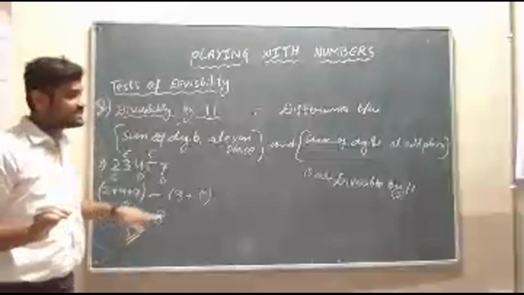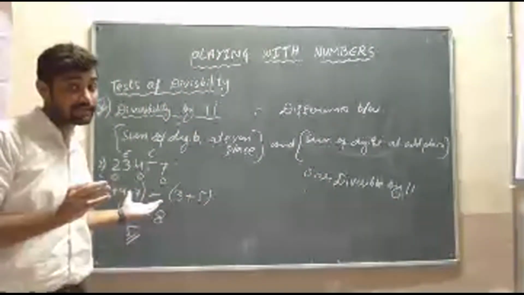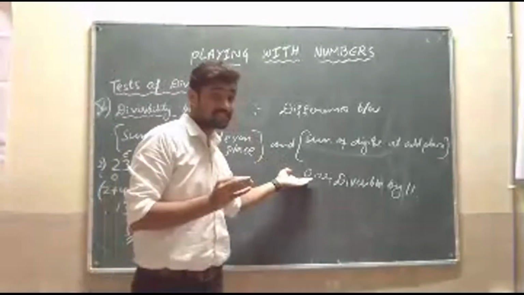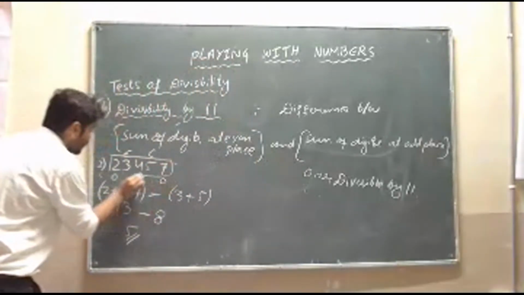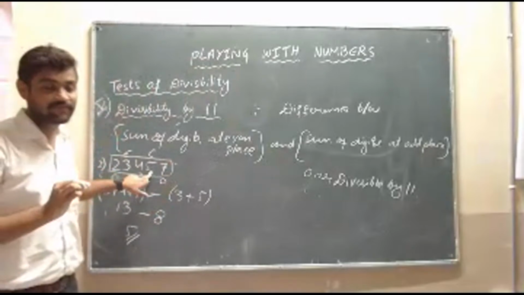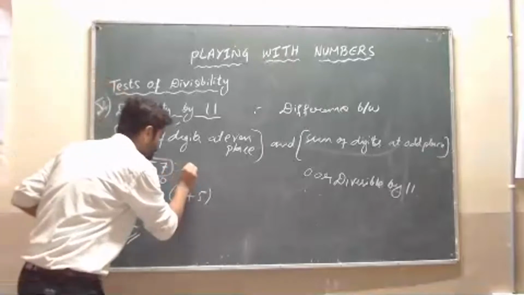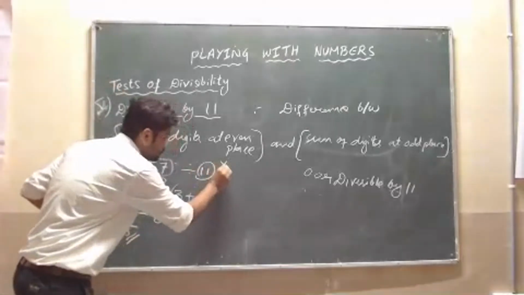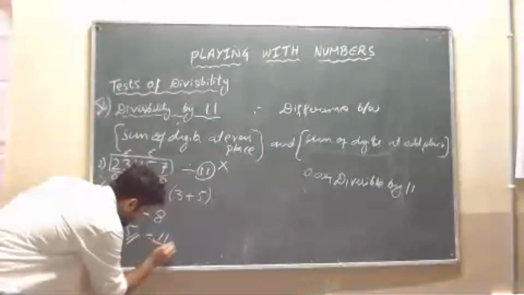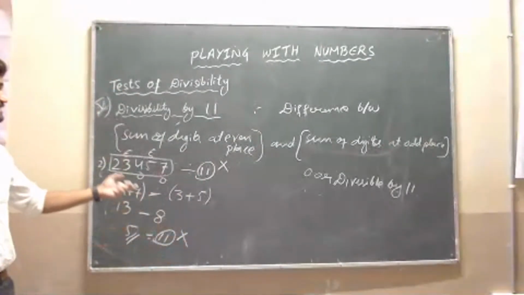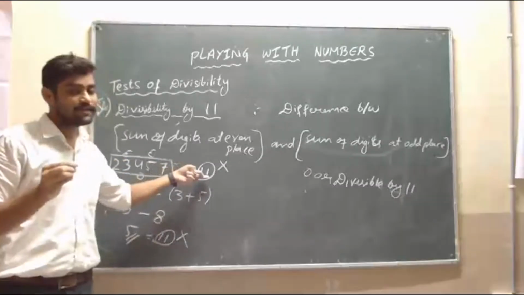Whether 5 is divisible by 11? No, sir. It will not come under the 11 table, and it is also not 0. Then we can say that 23,457 is not divisible by 11. Why? Because 5 is not divisible by 11. That's why we can say that 23,457 is not divisible by 11.